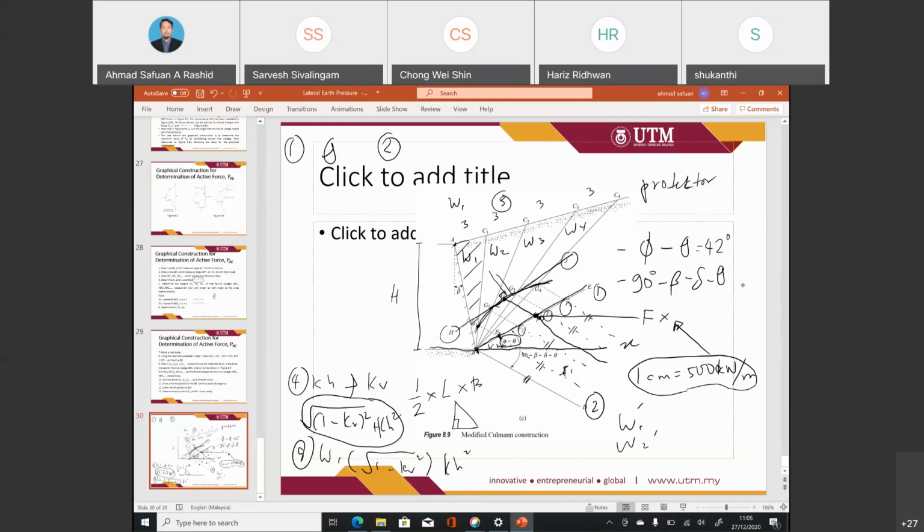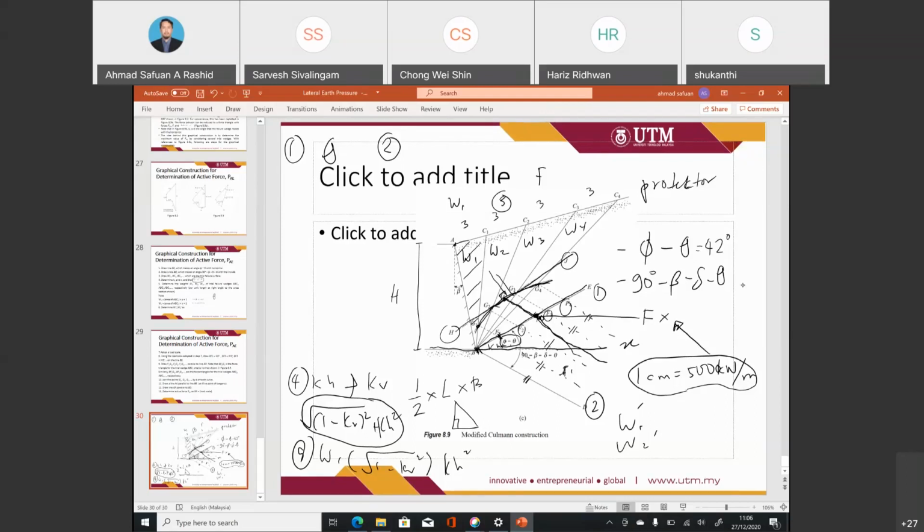Then by referring to the BD, we draw a line which is parallel until it meets the BE. So the F is the value for the force which represents the PAE. So how to get the value? We need to use the scale.